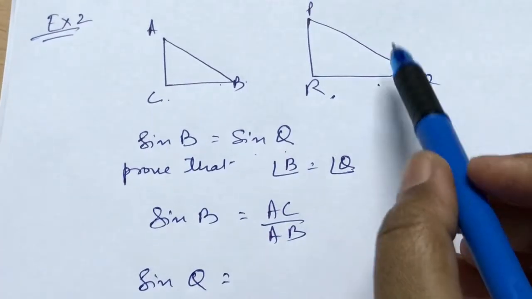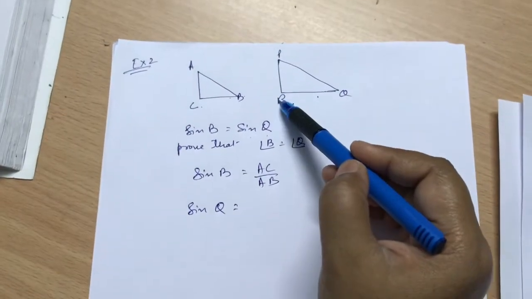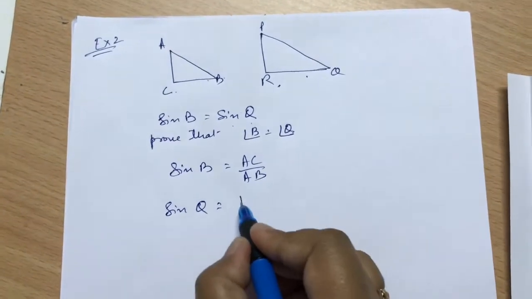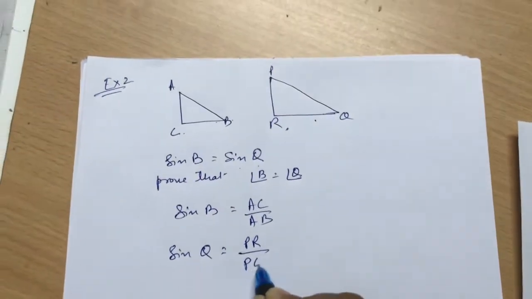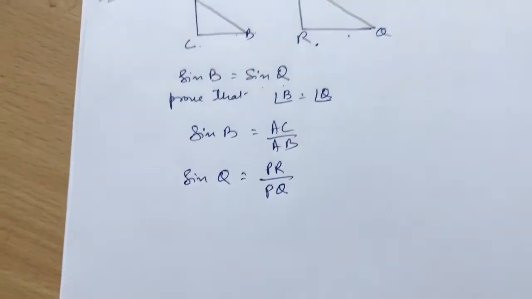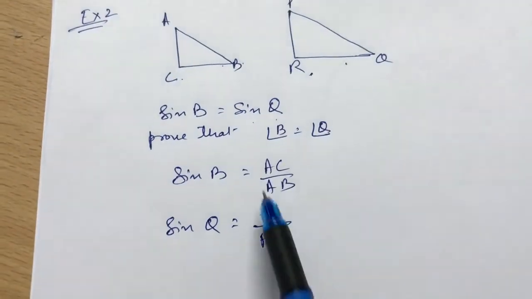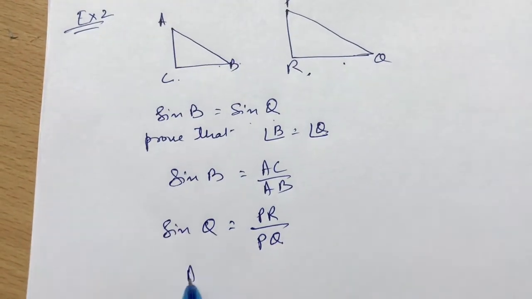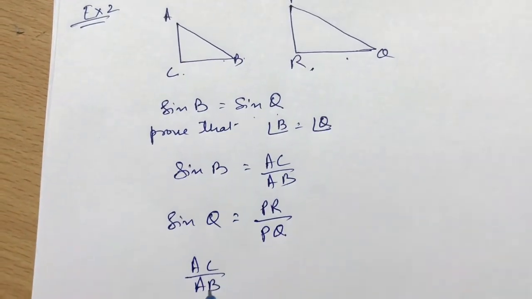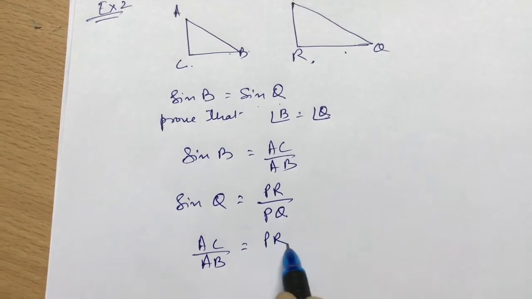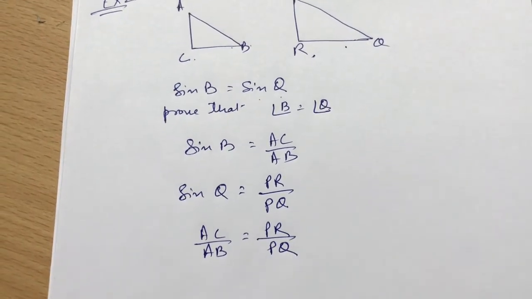Sin Q can be written as PR by PQ. Now it is given that sin B is equal to sin Q. Let us equate it. So you have AC by AB is equal to PR by PQ.